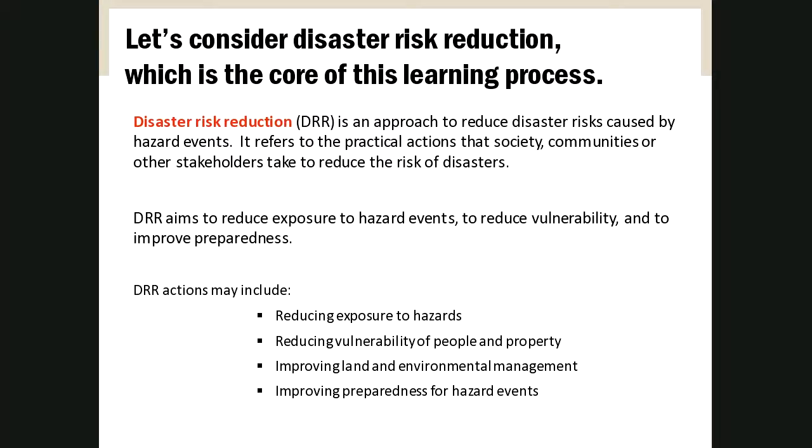Disaster risk reduction, again, for many, there is a very complicated or detailed explanation, but all you need to remember is that disaster risk reduction is the things that we do to reduce the hazard from becoming a big disaster. It's things we can do to reduce vulnerability.